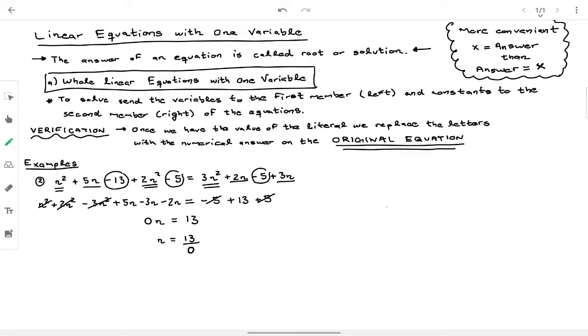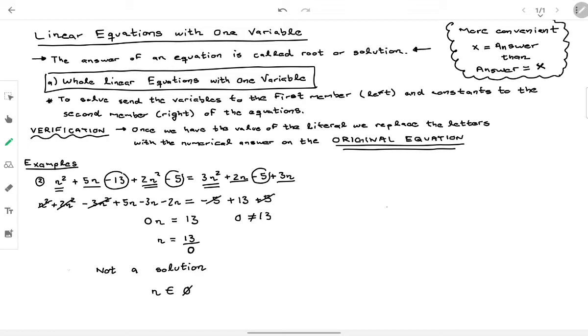In this case, because 0 is different than 13, we can put it in text that we don't have a solution, or we can put also in this case that n is an empty set, that means an empty space, that there is no solution for n.